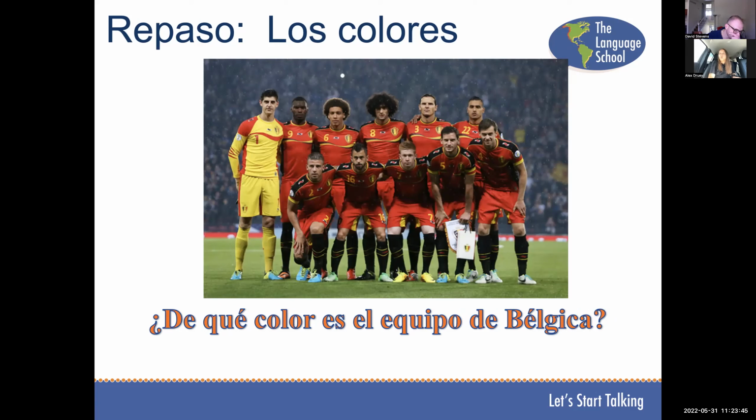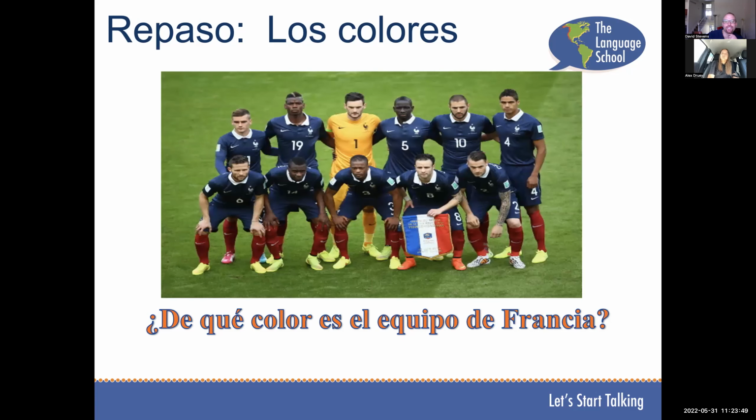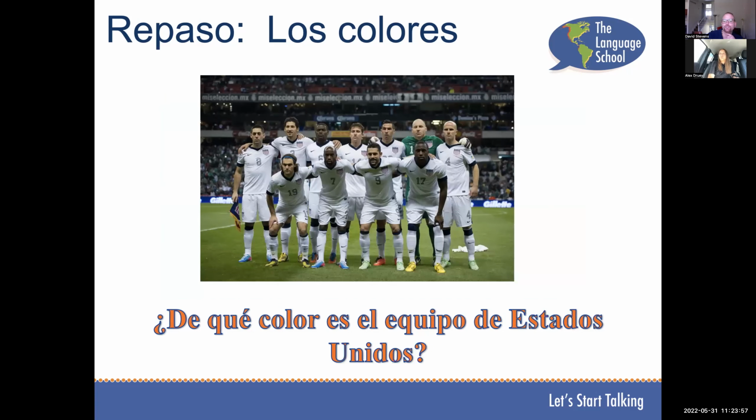Amarillo y rojo y negro. ¿De qué color es el equipo de Francia? Amarillo y azul y rojo. ¿De qué color es el equipo de Estados Unidos? Blanco. ¿De qué color es el equipo de Nigeria? Verde y azul. Muy bien.